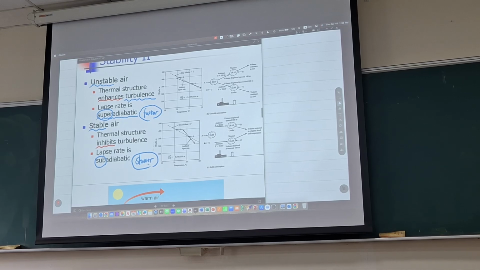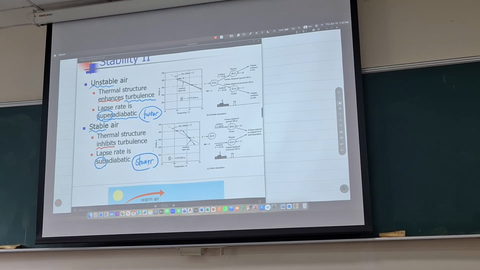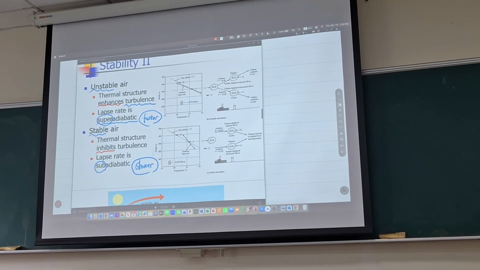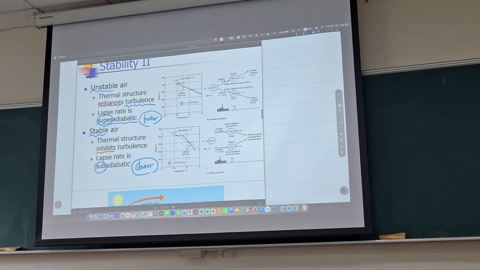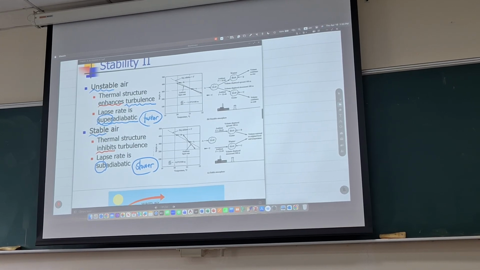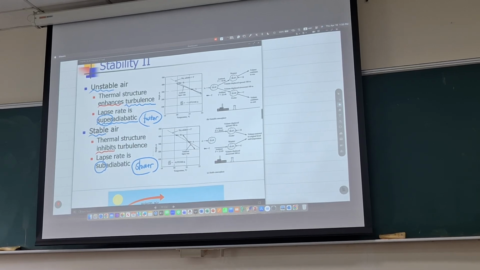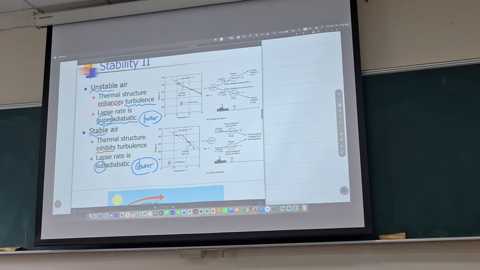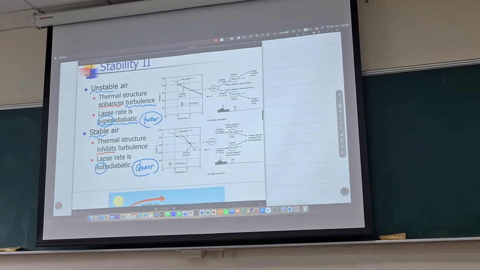Okay? So before I move on to the next slides, I want to review this. To summarize this, listen up. In unstable air, the temperature decreases rapidly with height. Okay, we call this super adiabatic, because it enhances the turbulence.